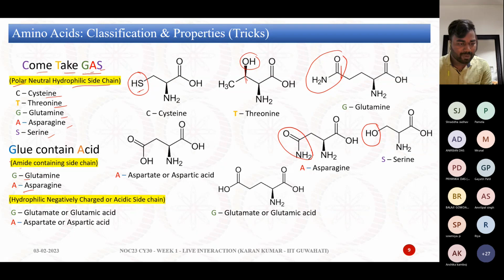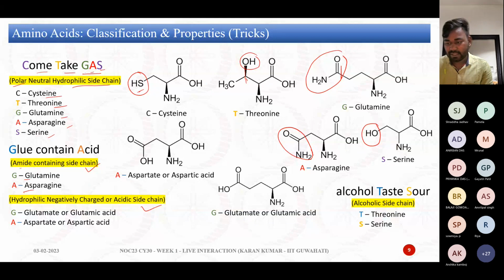You need not remember these two using this kind of trick, because these are very simple to remember. But if you keep forgetting, then you can use this trick: glue contain acid, which covers the amide containing side chains and the hydrophilic negatively charged acidic chains.